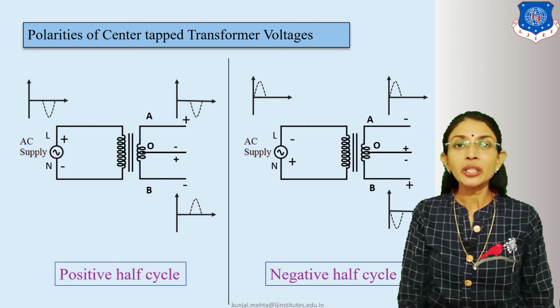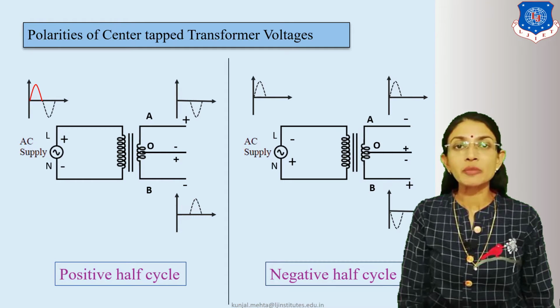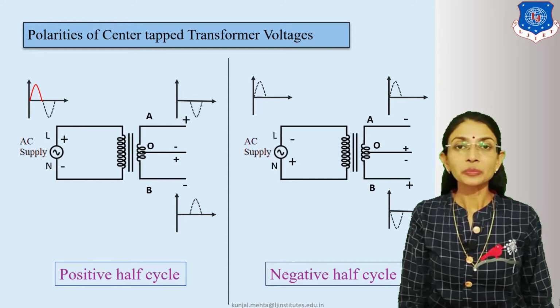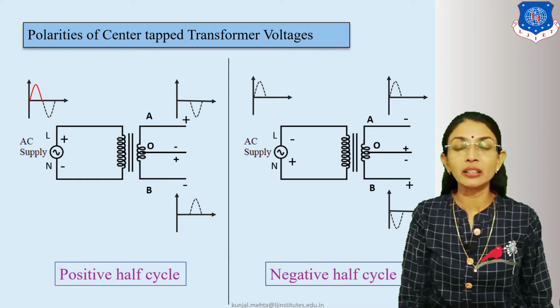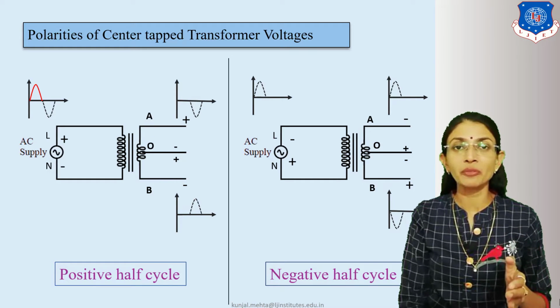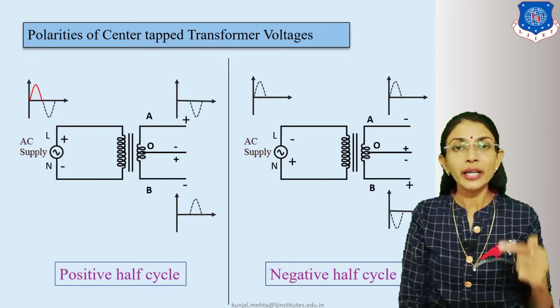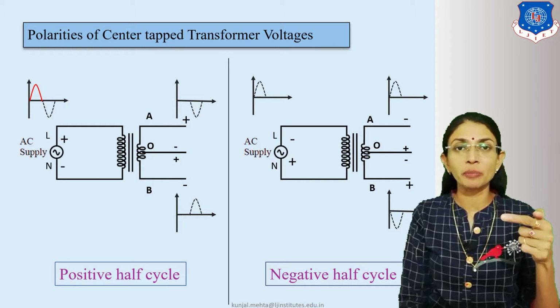At the primary, if you apply the positive half cycle, then the line and neutral voltages will be plus and minus. According to this input positive half cycle, at the secondary half of the transformer, we will have the three terminals A, B and O, which is the center tapped terminal.